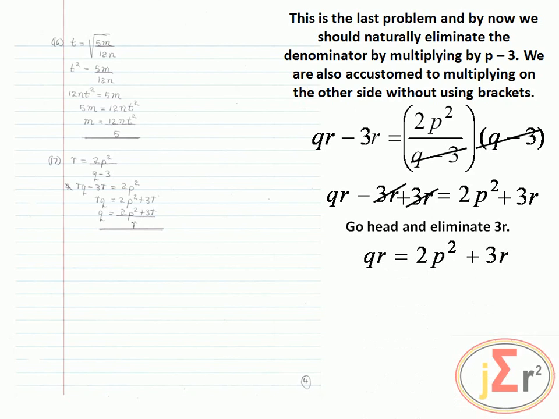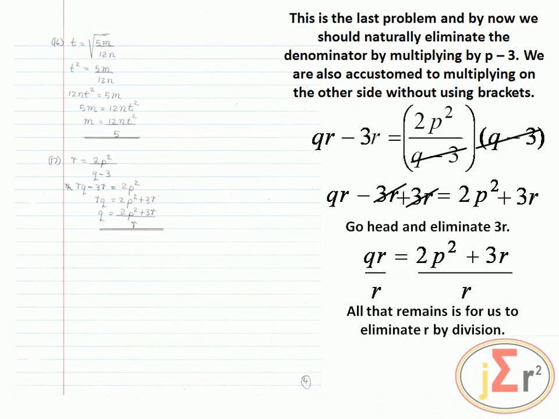Therefore, we will divide. So all that remains is for us to eliminate r by division. And what will happen? Those are gone, and on the right hand side we have that lovely expression. With q already on that left hand side, there is no need to reverse the equation.